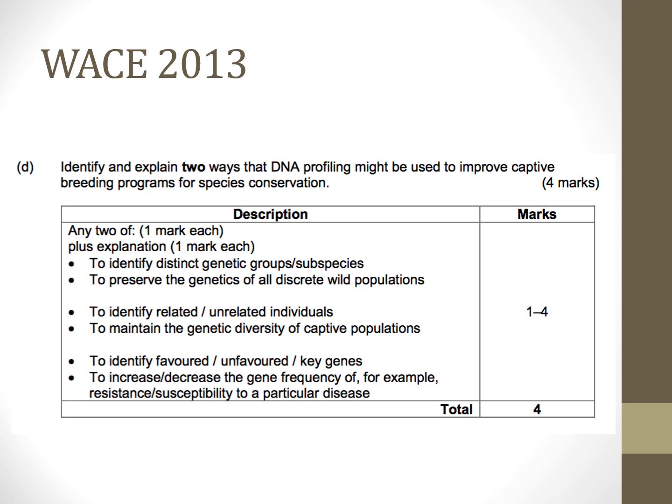Obviously, we want to make sure that variation is high if we are breeding organisms in captivity. Variation is the key for stopping extinction. So what we want to do is identify organisms that are closely related because we don't want to breed them together. So here's just another really nice little example of how we could use DNA profiling in the real world.